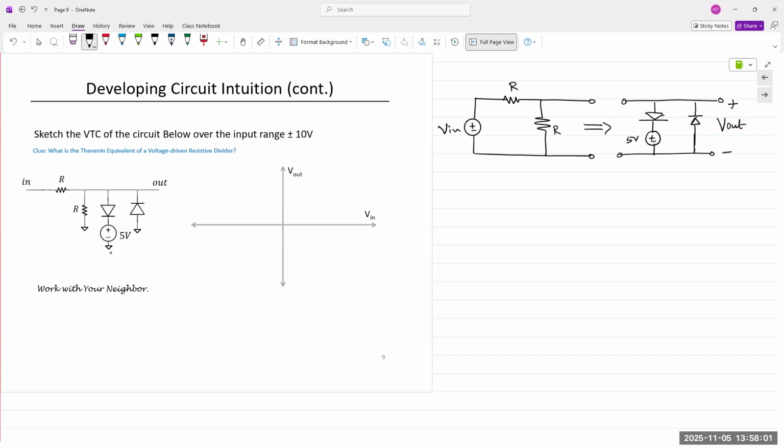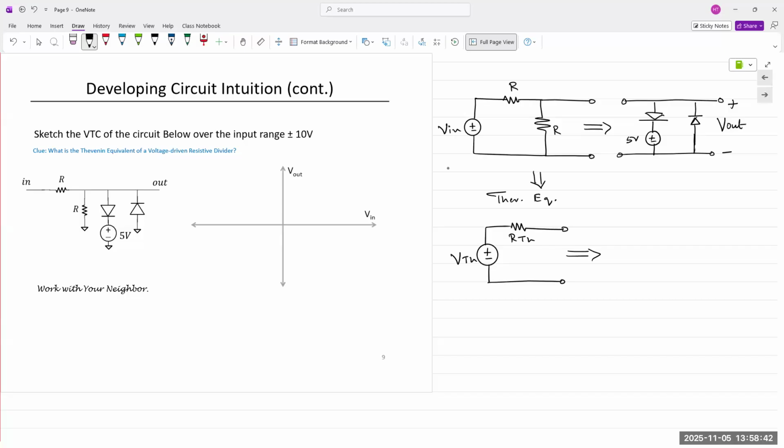So what is the actual V in going into our diode circuit? Well, we need to find the Thevenin equivalent circuit. Because the two resistors are in parallel, we need to convert it like this. This would be RTH, this would be VTH, and then the analysis remains the same from that point on.